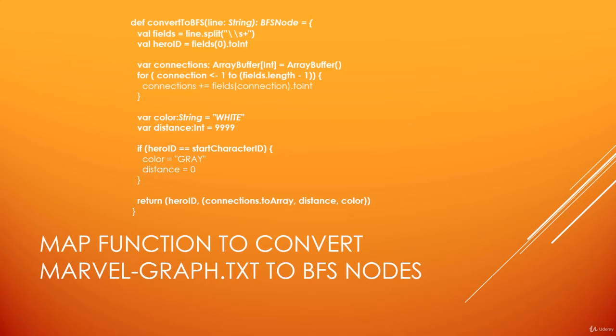So we just need to split it up by spaces, convert the hero IDs to integers and the connections to integers, build up an array of connections that are all the connections associated with that person, set the initial color to white, set the initial distance to 9999, and if the hero ID is one we're starting with, the initial case for the one we're starting from is to color that one gray with a distance of 0, but everything else should be white with a distance of infinity as our initial case. And we just return our tuple structure that we talked about with the hero ID, and then furthermore the array of connections and the distance and the color.